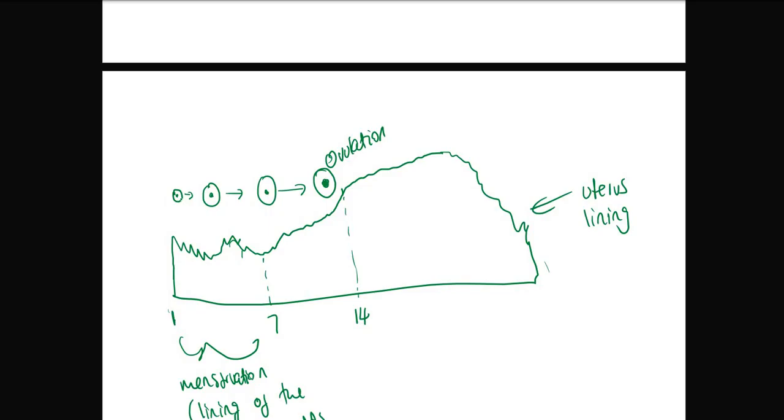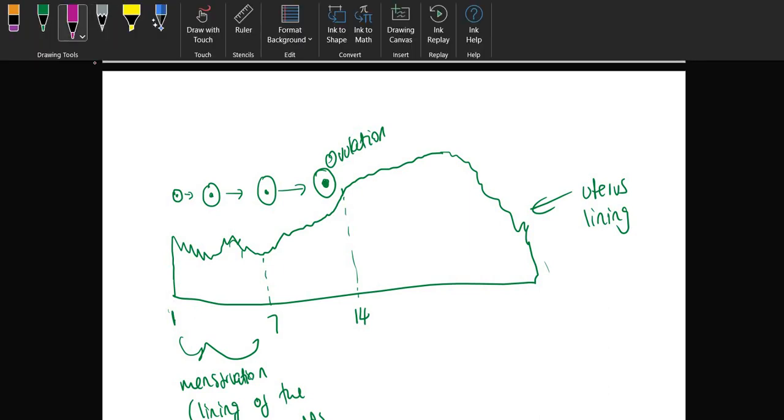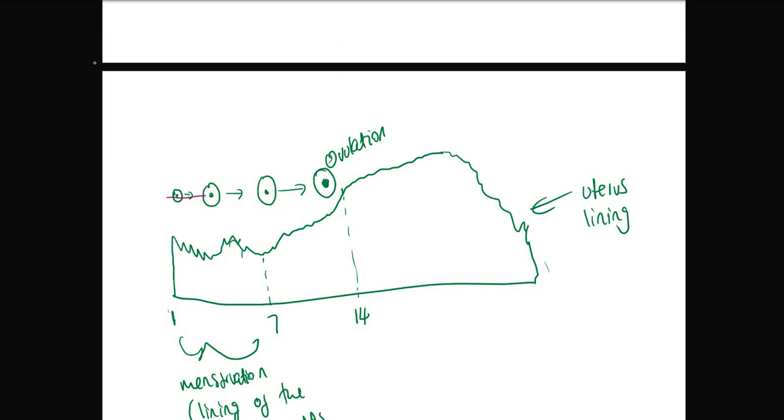Okay, so during the first 14 days, that should tell you that the follicle stimulating hormone levels will keep on increasing, and then we're going to have something like this. This is the FSH. What is FSH there for? It is there to make sure that the primary follicle develops into a graafian follicle. That is the role of FSH.